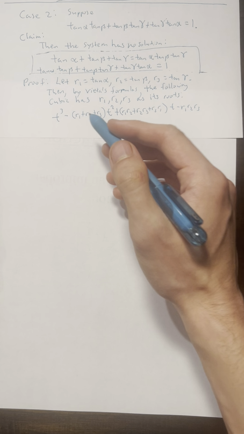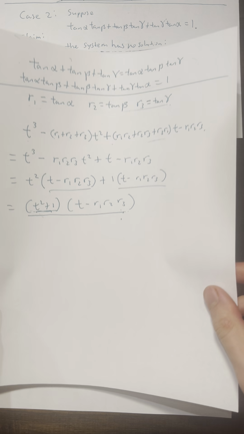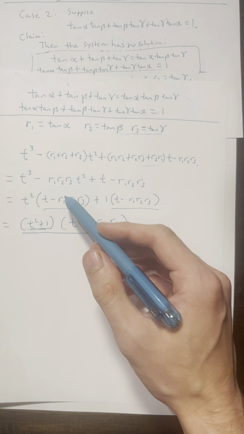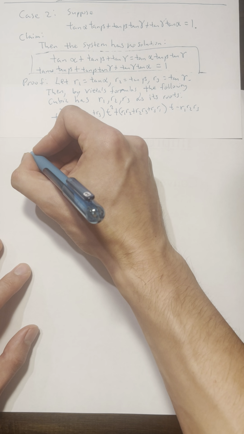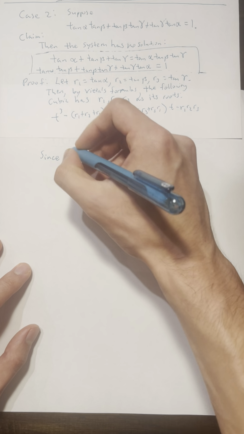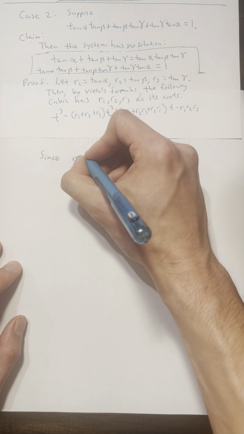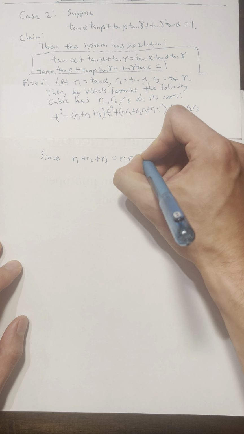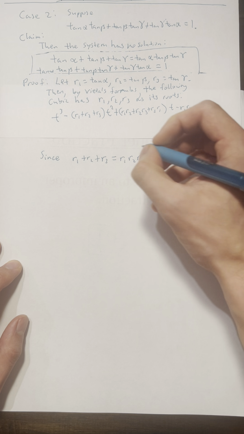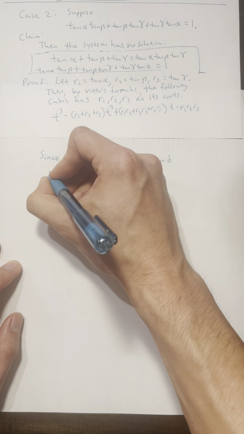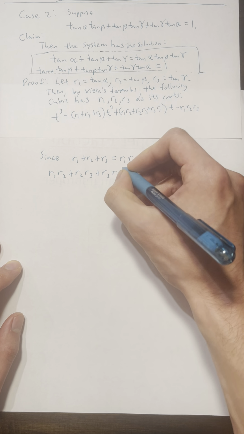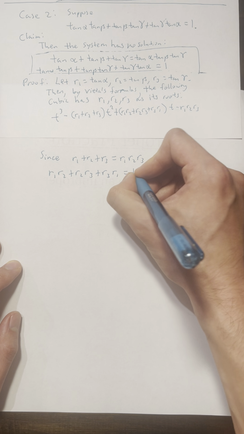Now, let's go back over here. So we factored since R1 plus R2 plus R3 is equal to the product. All right, let's write that down. Since R1 plus R2 plus R3 is equal to R1, R2, R3, and R1 times R2 plus R2 times R3 plus R3 times R1 is equal to 1.